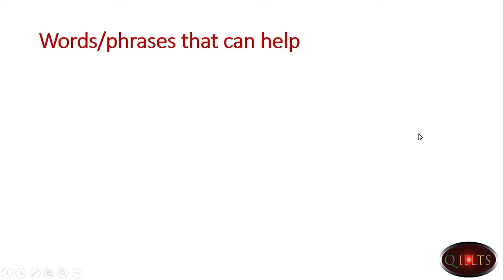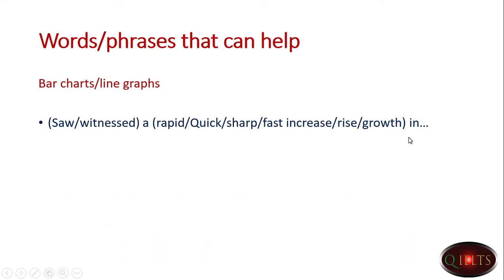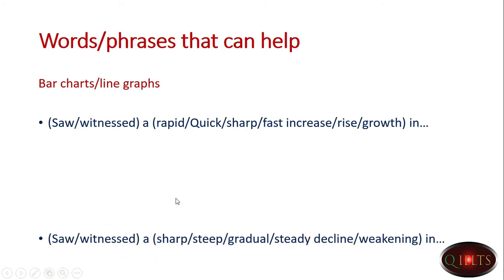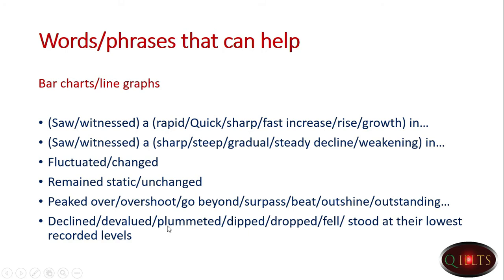Now these are some words that can help you. For example, if you get a bar chart or line graphs, you can use some of these words. These words will be used in main body paragraphs.